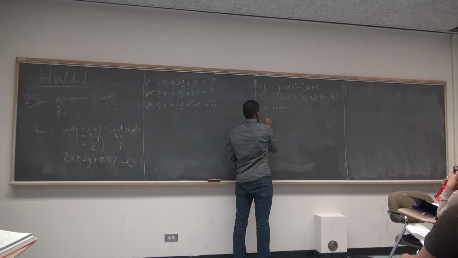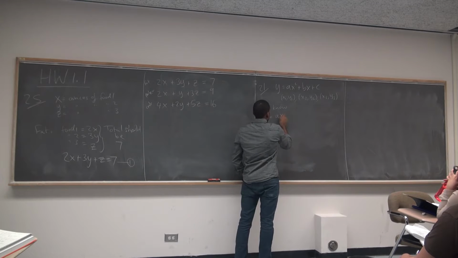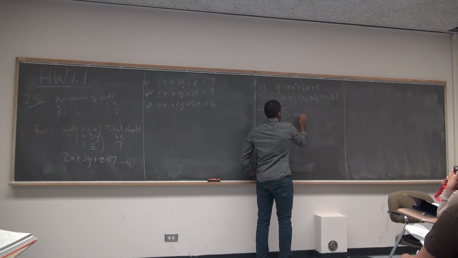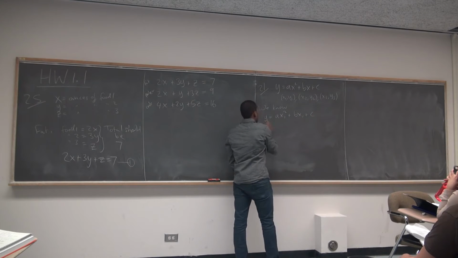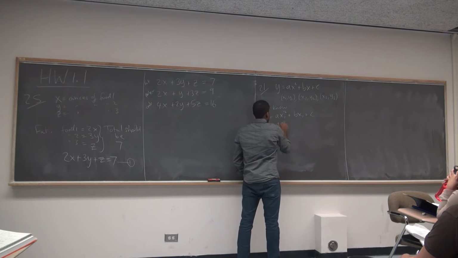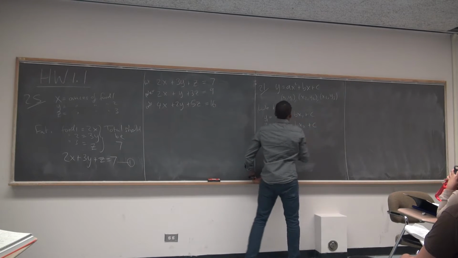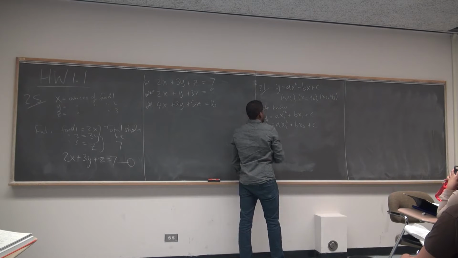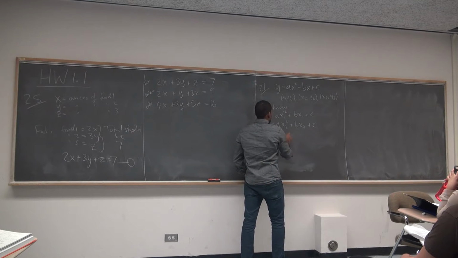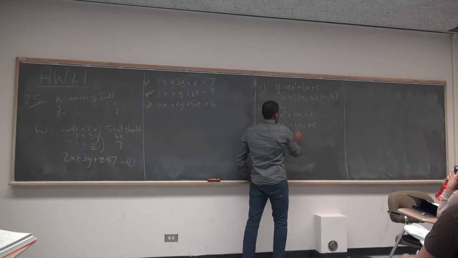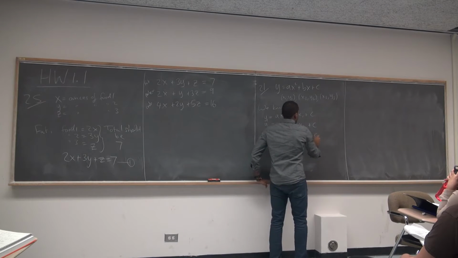So y1 equals ax1 squared plus bx1 plus c. y2 equals ax2 squared plus bx2 plus c. y3 equals ax3 squared plus bx3 plus c.